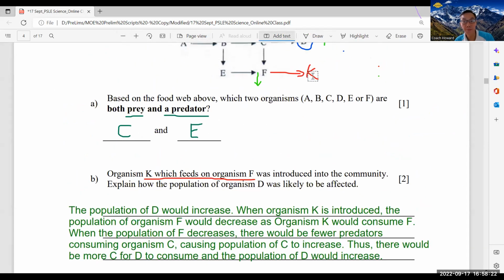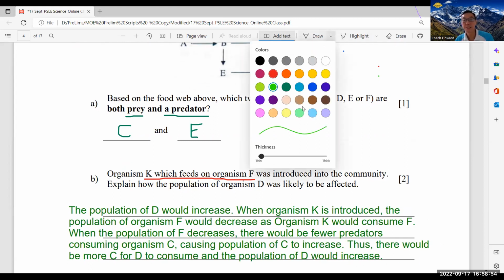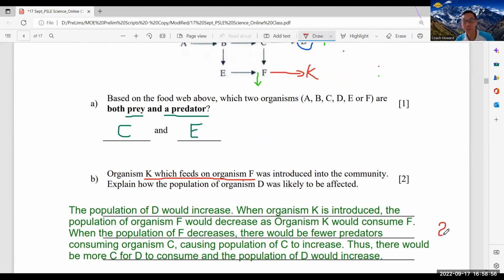You see this part, because K eats F. So organism F will decrease as organism K would consume F. When the population of F decreases, there will be fewer predators consuming organism C, which is here, causing the population of C to increase. Thus, there would be more C for D to consume, and the population of D would increase. So this is step by step. Answer step by step. This is a 2-mark question.